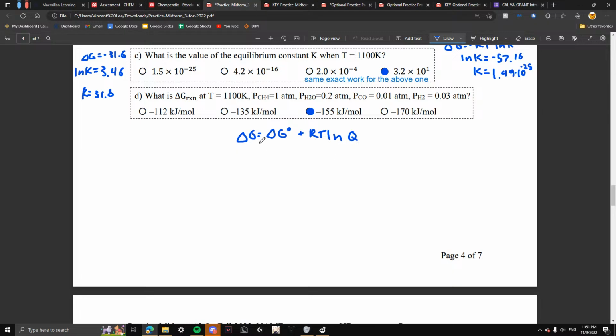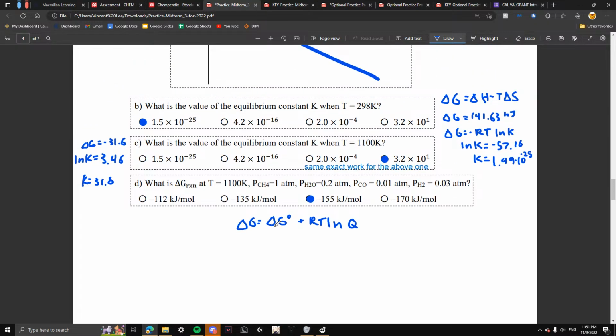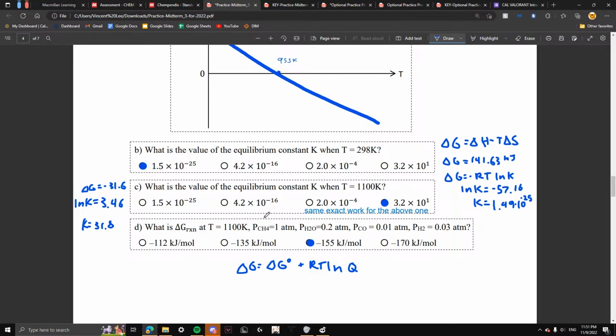Okay, time to start plugging in numbers. First, we find our initial delta G at 1100. Oh, look, this one's also at 1100. So I'm literally just going to steal this number because I'm extremely lazy. So delta G, negative 31.6 plus this R is the other R, so it's 8.314 times temperature again, ln Q. Q is products over reactants.